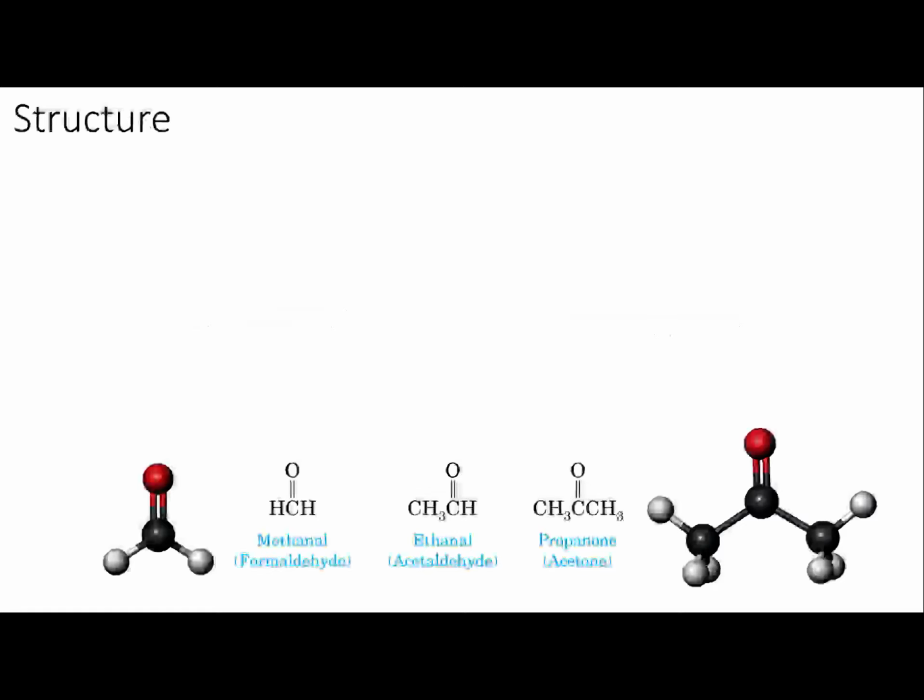So let's start with just talking about their structure. The functional group of an aldehyde is called the carbonyl group, and the carbonyl is that C double bond O. Now these R and R prime here can be other atoms.